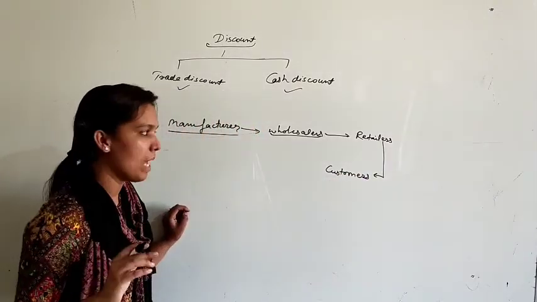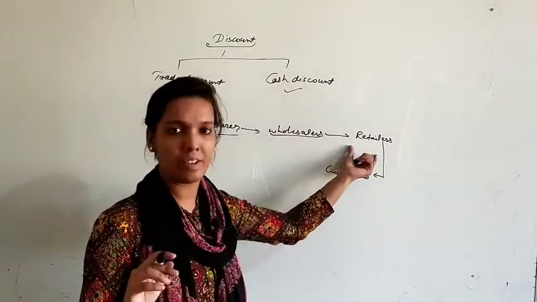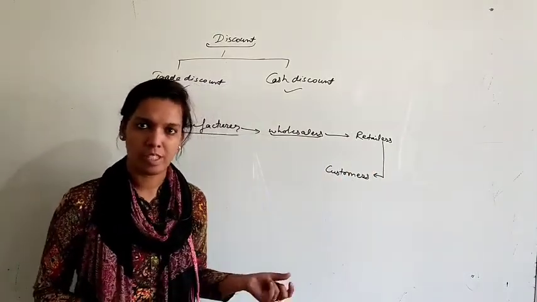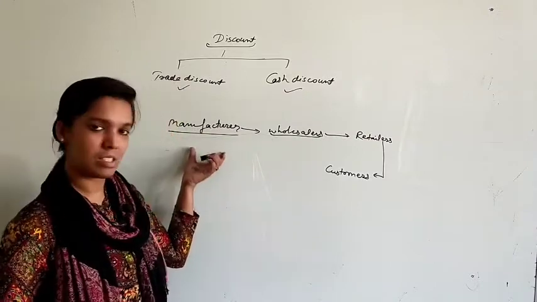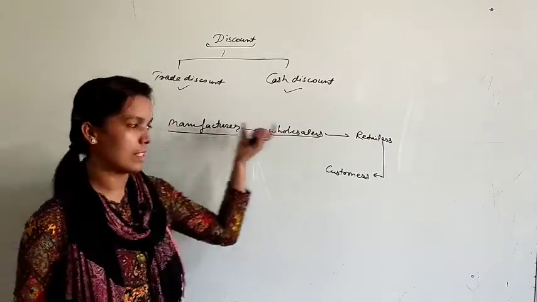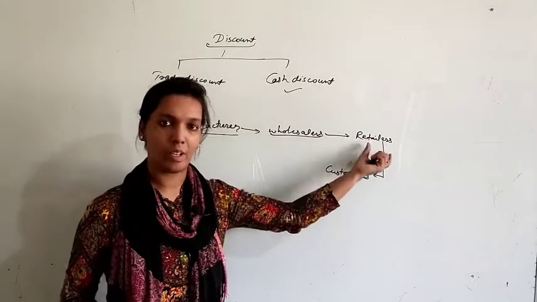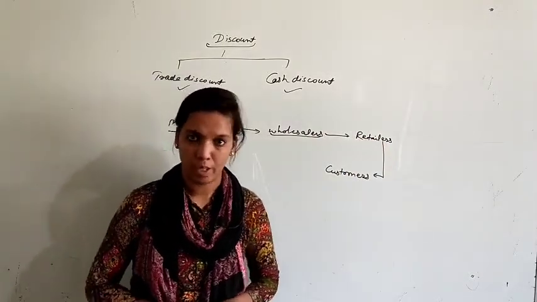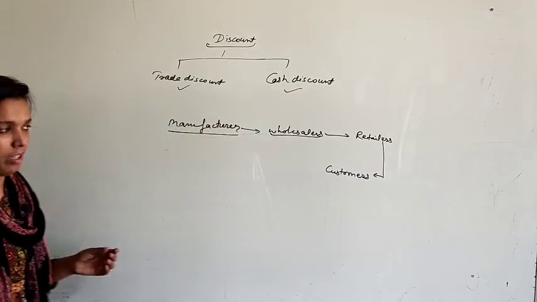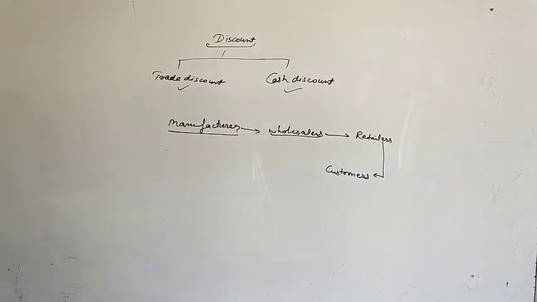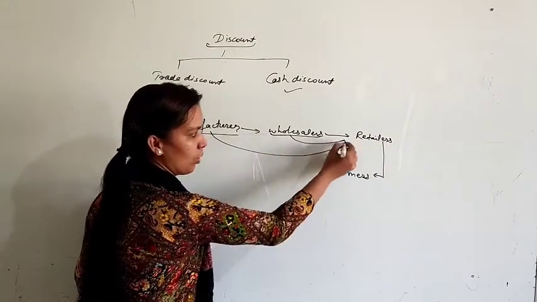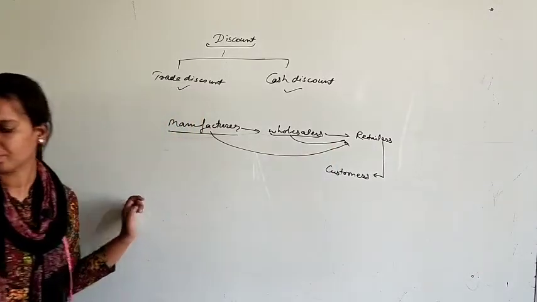Sometimes there is one more person between wholesalers and retailers, a mediator we call an agent. But the main chain is that the manufacturer sells to wholesalers, they sell to retailers, and at last they sell to consumers, that are customers. So trade discount is given by the manufacturer or wholesaler to the retailers.